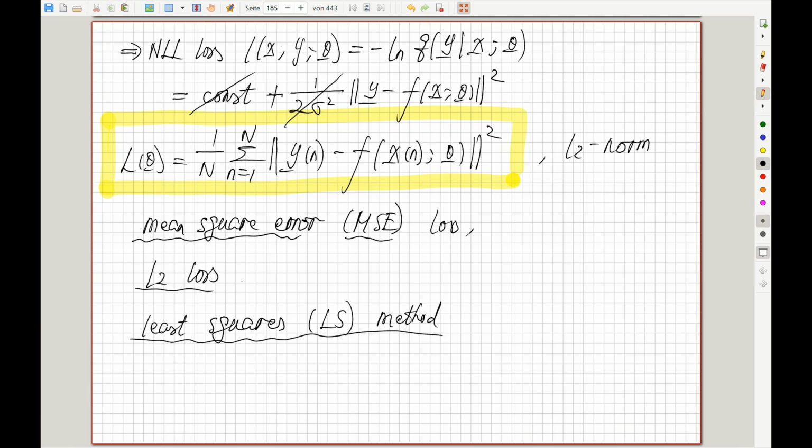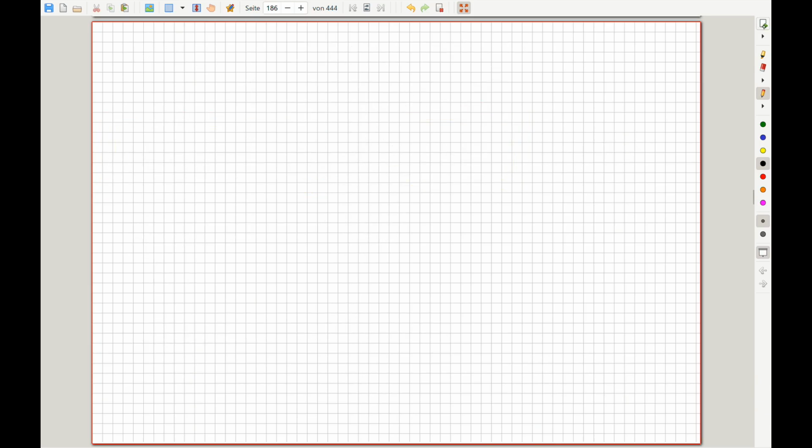This is the objective mostly used in regression problems. The question is, how can we now determine the optimum parameters theta? It depends on the function f. So I'm going to give you one comment. In the course Statistical Adaptive Signal Processing in the winter term, I discuss linear and nonlinear least squares methods in detail.